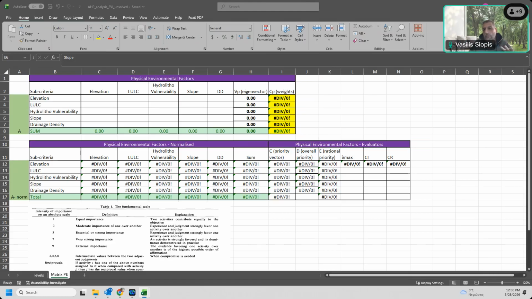Well, the question here is in case we have a flood, which means that you have intense rainfall. You take this assumption from the very beginning.